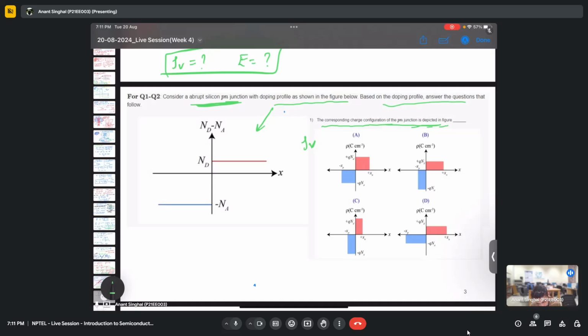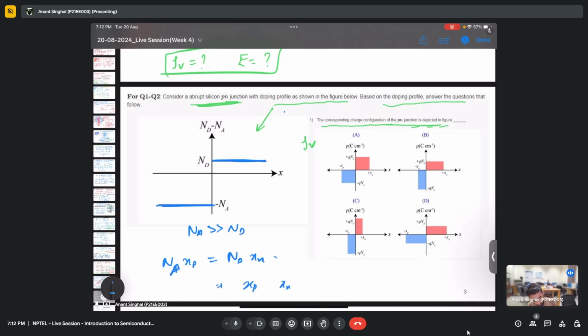So let me try to do it by myself for this question. You can see here we have a certain ND level and we have a certain NA level. You can clearly see NA is greater than ND in this particular question. And we already know that NA·XP equals ND·XN. So what comes out for XP and XN?